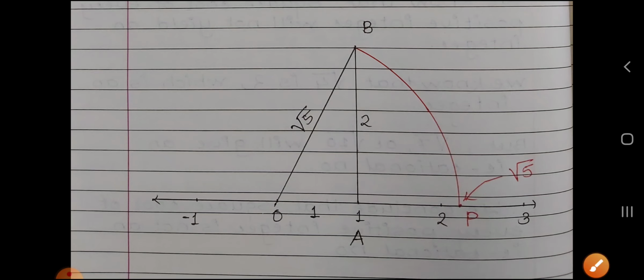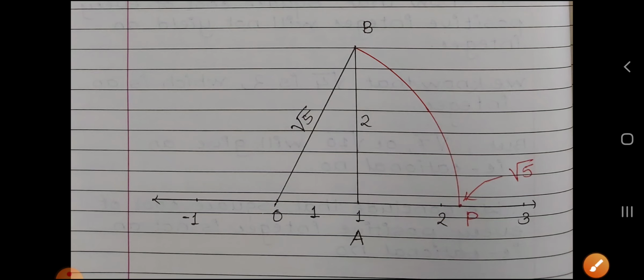Let me explain once again. First draw a number line, take points. First draw line segment OA of 1 unit, then draw a straight line BA of 2 units which is perpendicular to the number line.